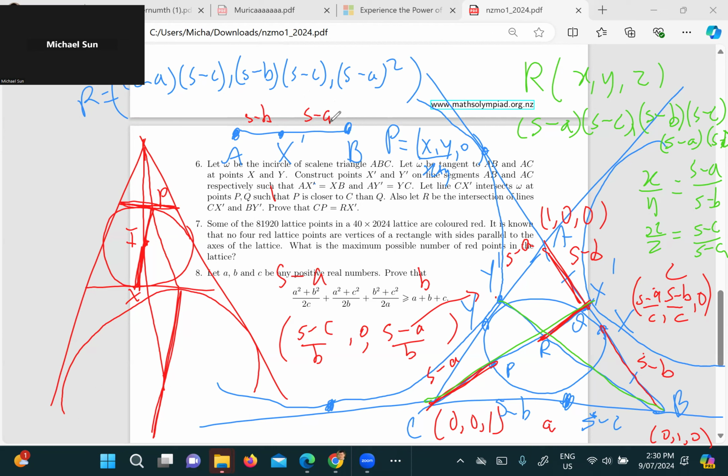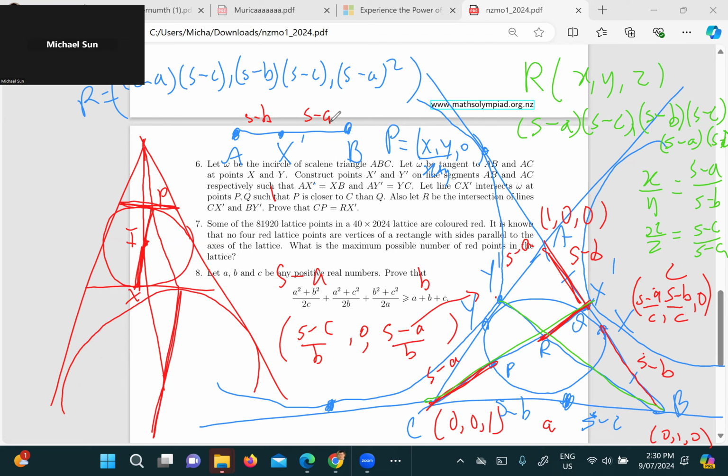The last one is simply S minus A squared. It should be roughly symmetric, right? In terms of A, B, and C, the S minus A, S minus B, and S minus C terms should be at least somewhat cyclically symmetrical.